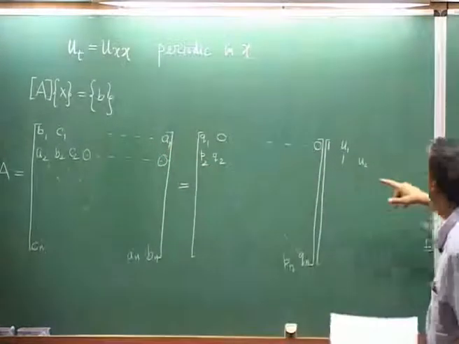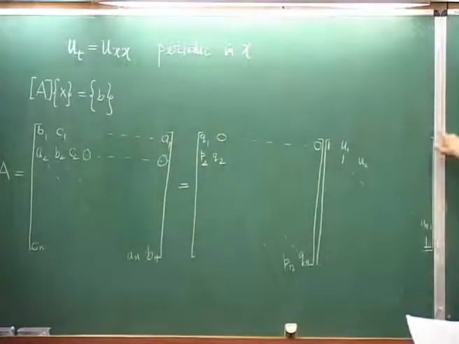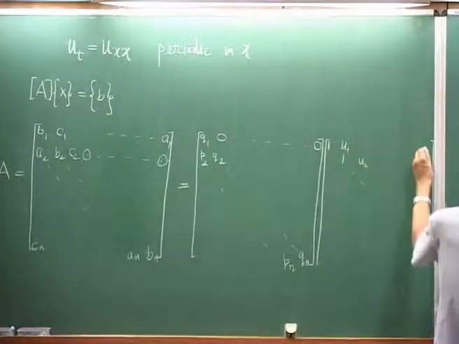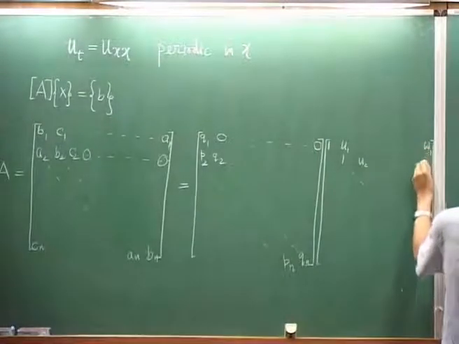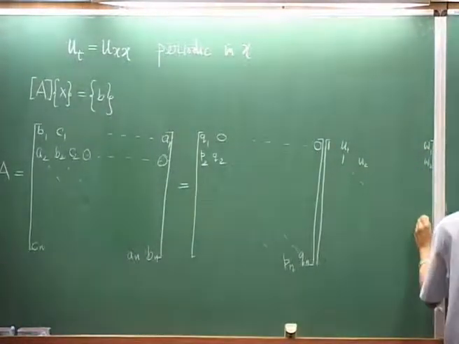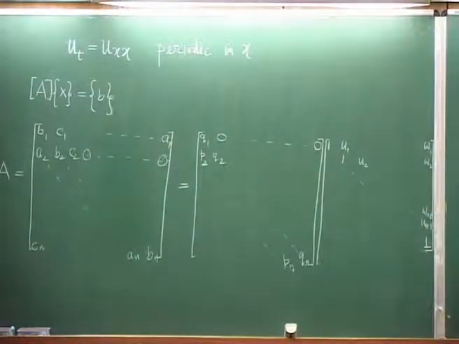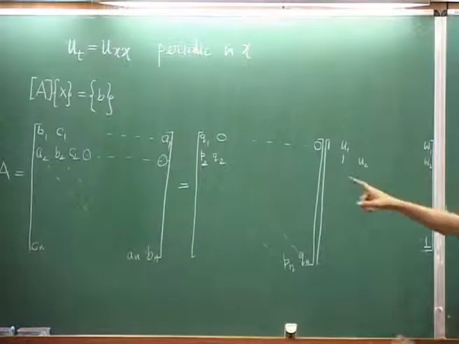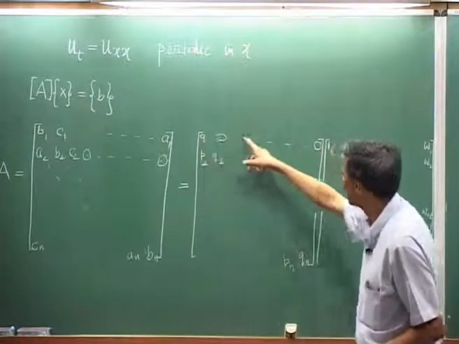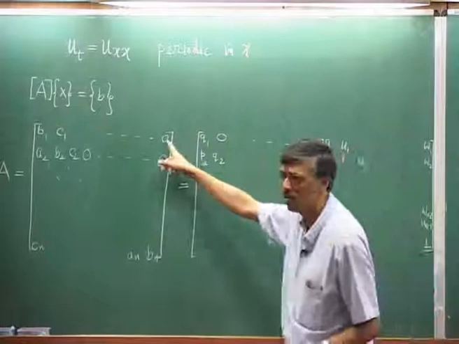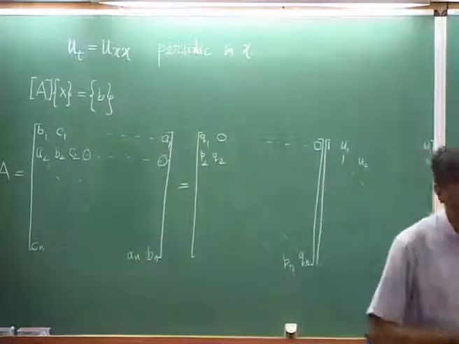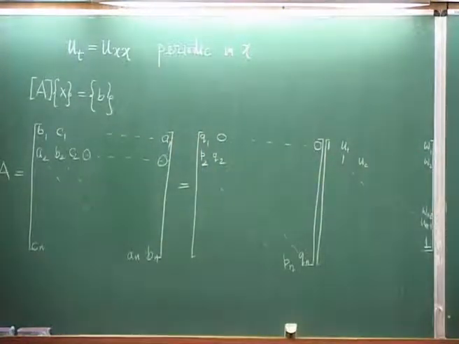To match that a 1, I must have a non-zero entry here. So, to do that, I will introduce a stack of unknowns, let me call them W 1, W 2 all the way up to W n minus 2. Now, you can see that if I multiply this row with the last column, I can account for a 1, right? So, that should actually help me in getting some of these last columns of this upper triangular matrix.